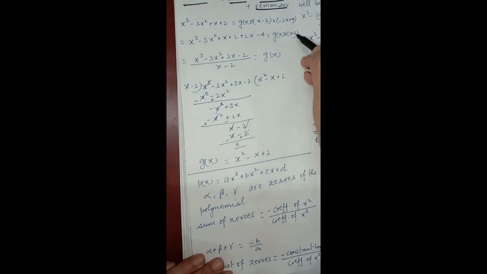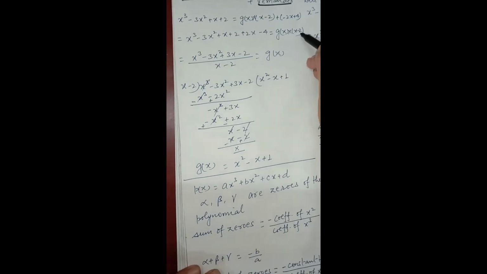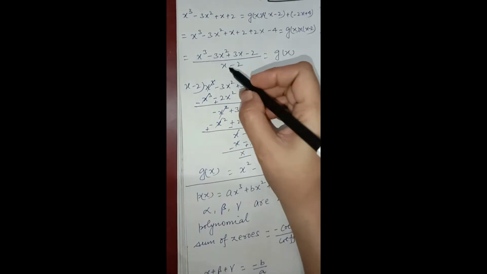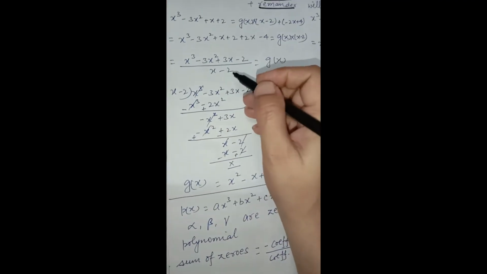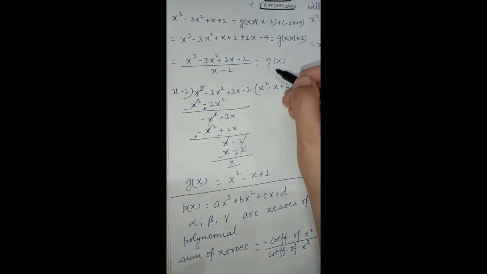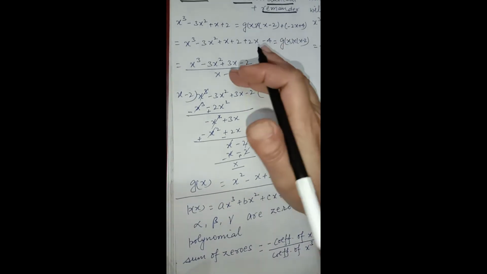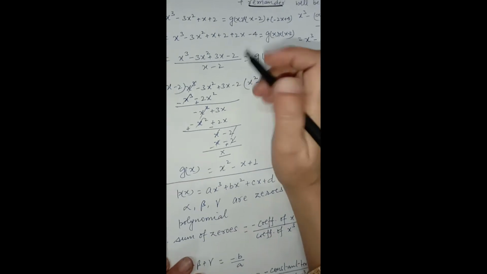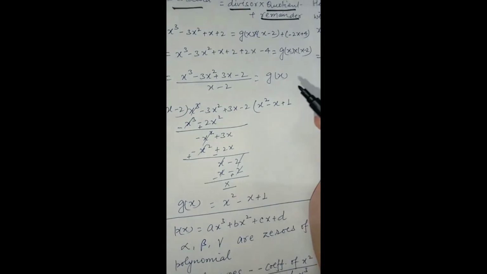And g(x) into x minus 2, again we'll remove x minus 2, it is in multiplication. So when it comes to the left side, it will be in division. So g(x) equals the polynomial upon x minus 2.